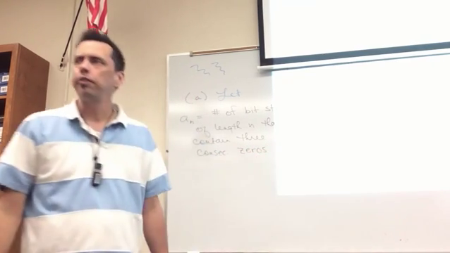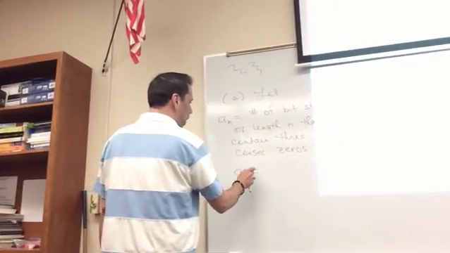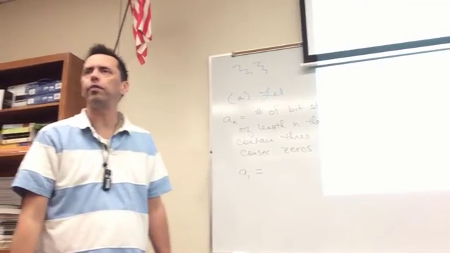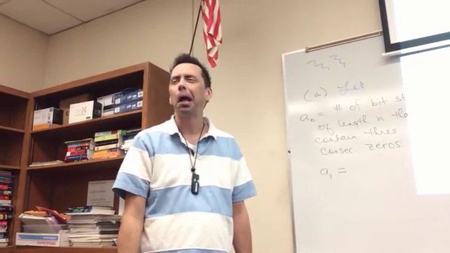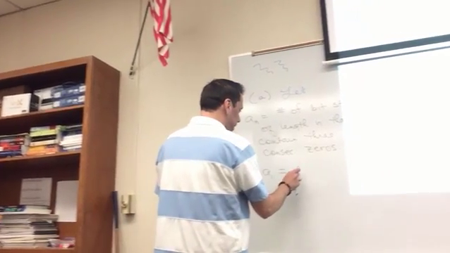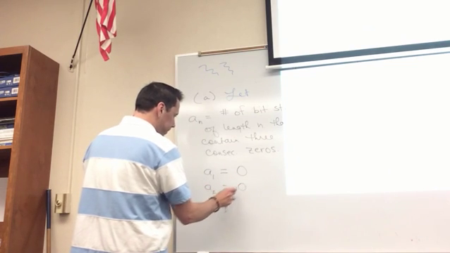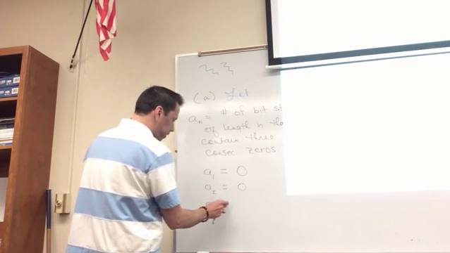Okay, so the first few values are really easy. How many bit strings of length 1 contain 3 consecutive zeros? None. What about length 2? None. What about length 3? 1. 0, 0, 0.